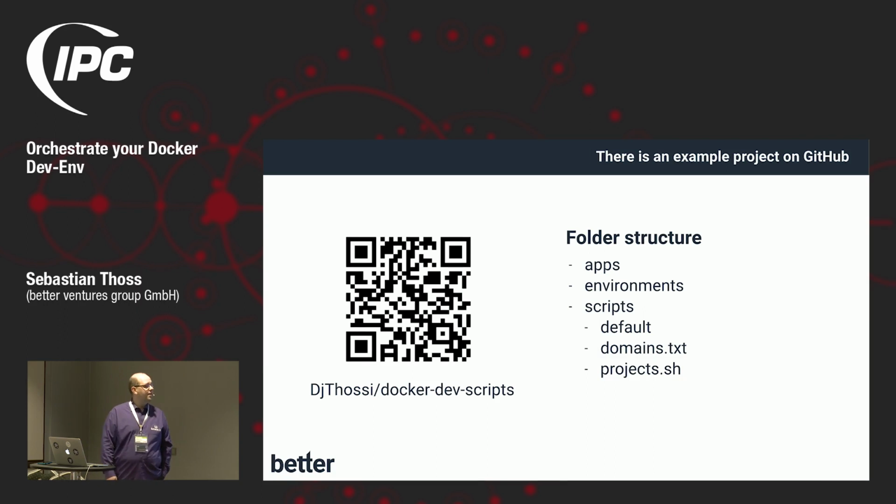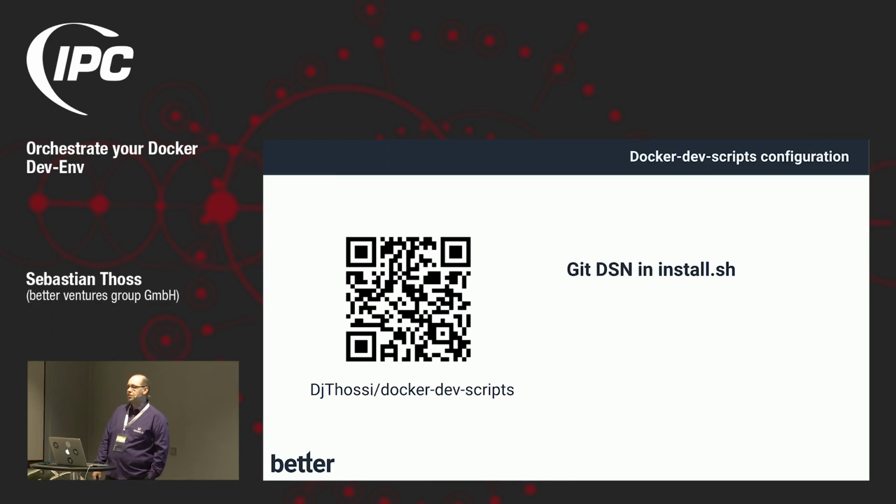The projects sh in there is pretty much the list of repositories you want to clone. And as usual, as mentioned on the lowest level, just as an example, the install sh, up sh, all of these. I mentioned especially these three files, because these three files are the files you need to change if you want to configure this whole Docker Dev script for your own projects.